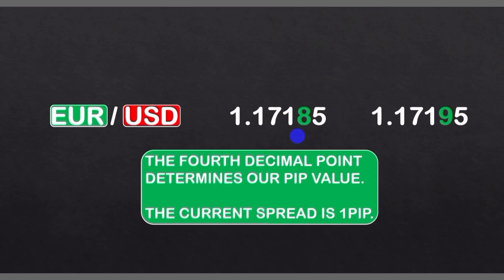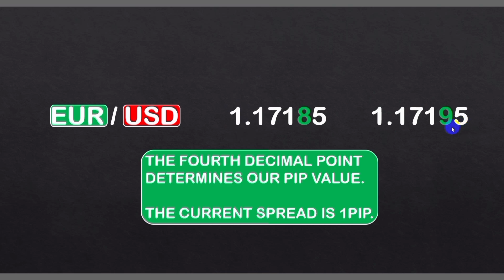So you can see here, we have the Euro USD pair as an example. You can see we have this price level of 1.17185 and we have the price level of 1.17195. So we basically pay attention to the fourth decimal point because the fourth decimal point is what determines the pips.